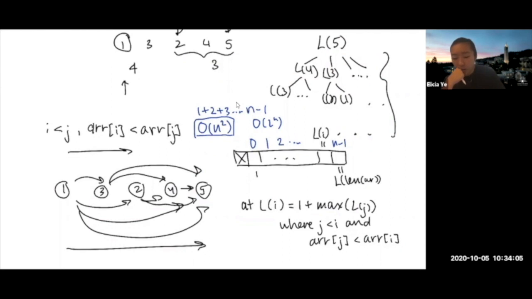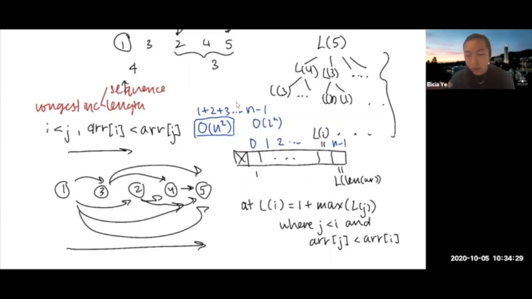Your textbook at the end also mentions, instead of the length of the longest increasing subsequence, the actual sequence itself. That is also pretty straightforward. Instead of saving just an integer in an array or a hash map, you would be saving the actual sequence that you have up until Li.